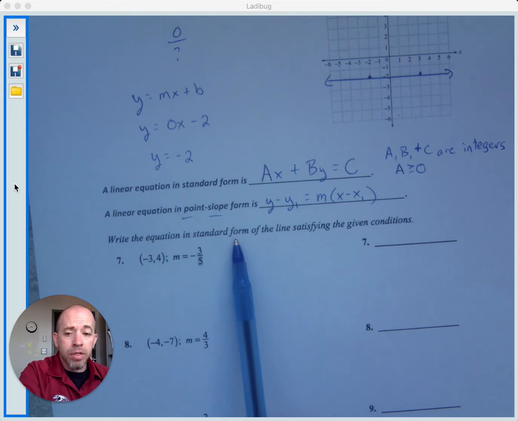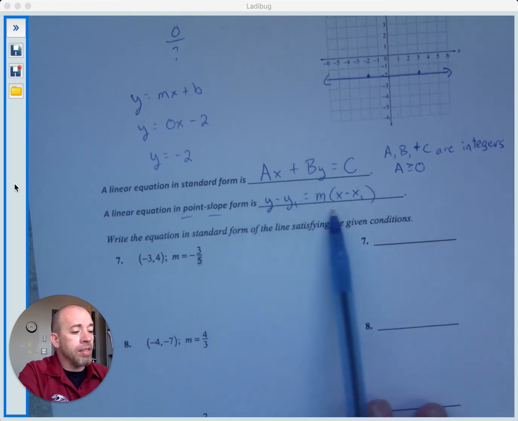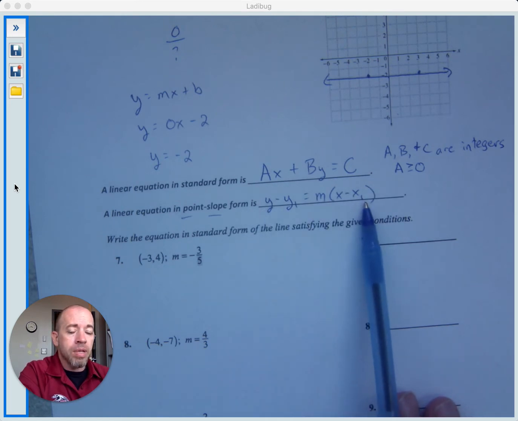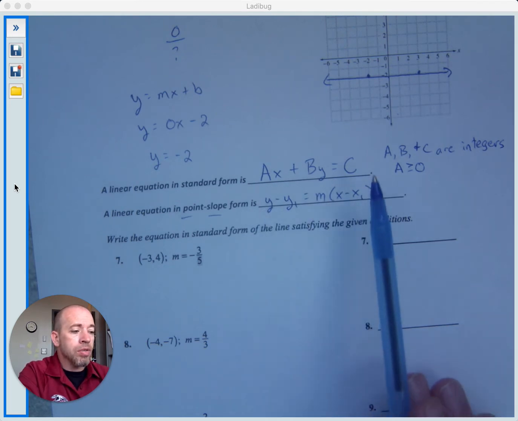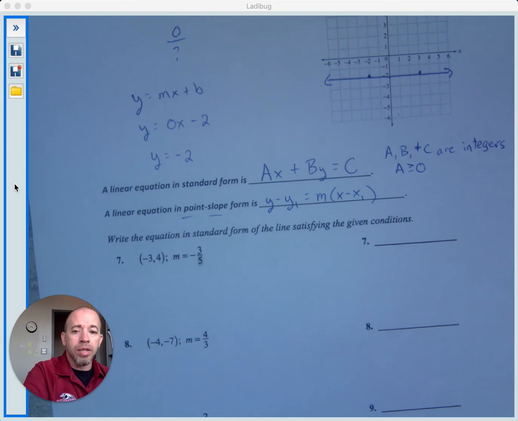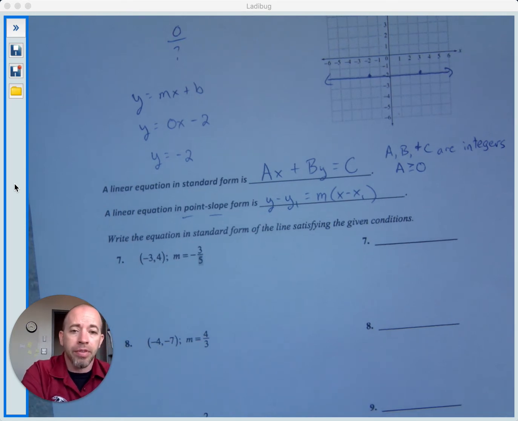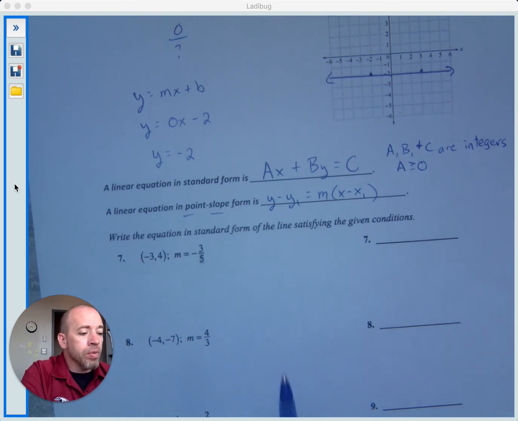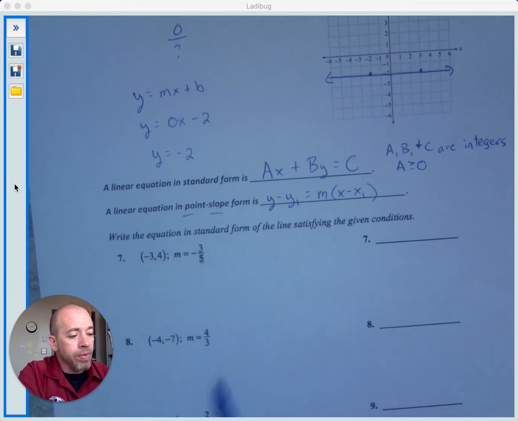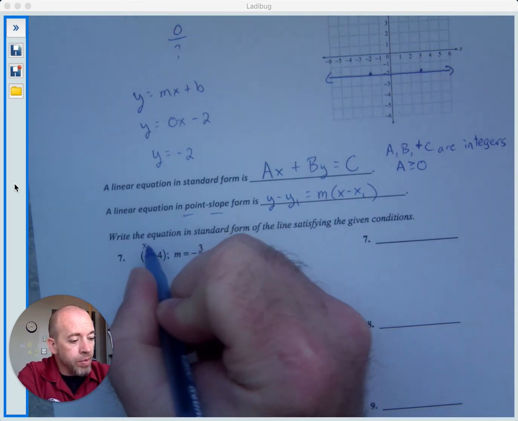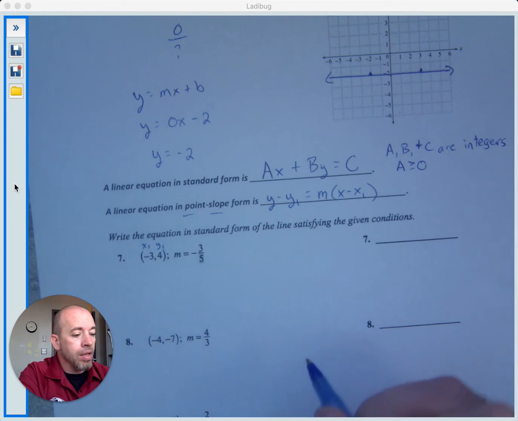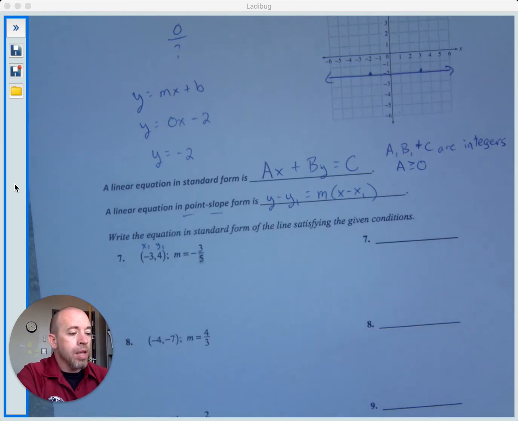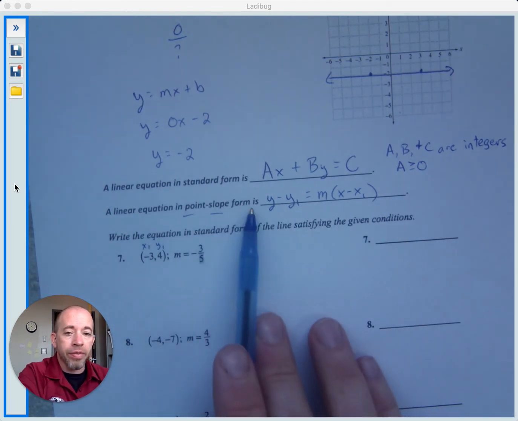So what I like to do is start with point-slope form, so find this first, and then manipulate it until we get to standard form. I'll walk you through that process with these few examples. So we're given a point, we're given a slope. The point I'm going to let be my (x1, y1), and the slope, of course, is m. And I'm going to plug those into point-slope form.